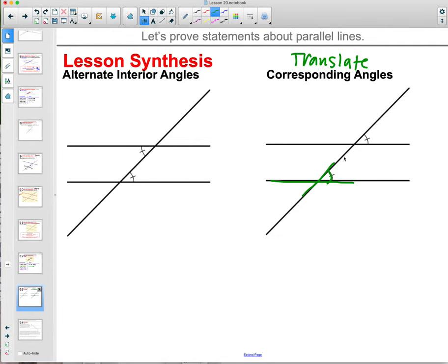This angle to this one, corresponding. This one translated down to this one, corresponding. This one to this one, corresponding. So when you pick the angles up and move them down, they land on their corresponding angle.